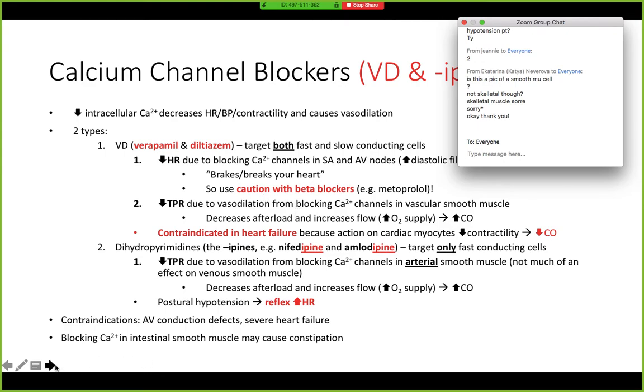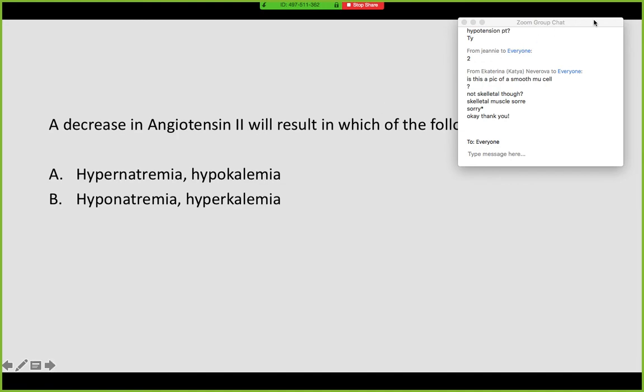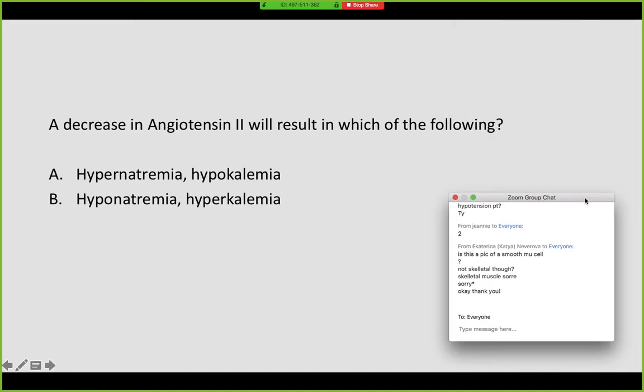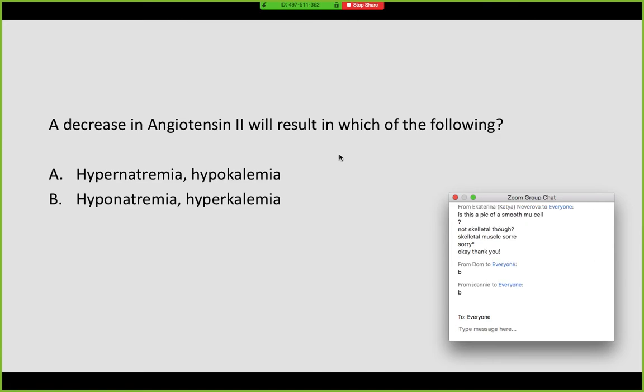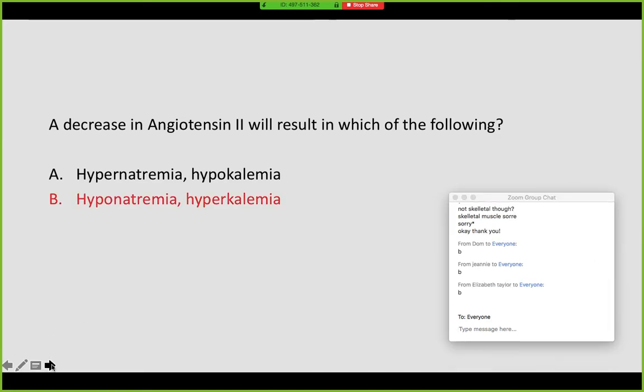Okay. Couple practice questions to go over. Okay, so decrease in angiotensin 2 is going to result in which of the following? Right, hyponatremia and hyperkalemia.